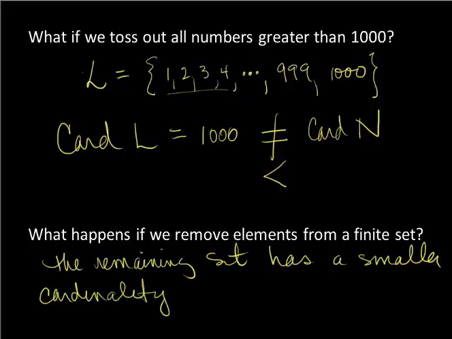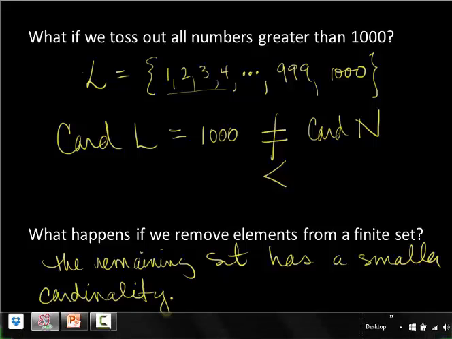Or for finite sets, you could say the remaining set has fewer elements. If you throw some out, the set gets smaller. This is what our intuition tells us would happen with infinite sets, but once we see how we compare infinite sets, we see that it is not always true.